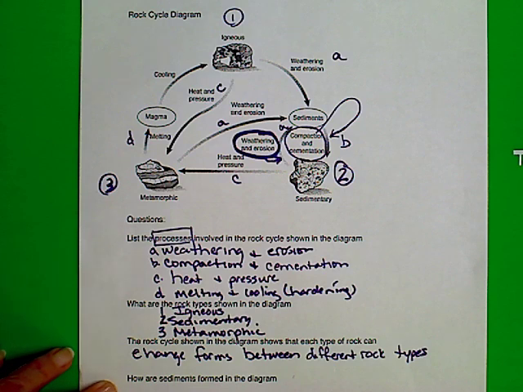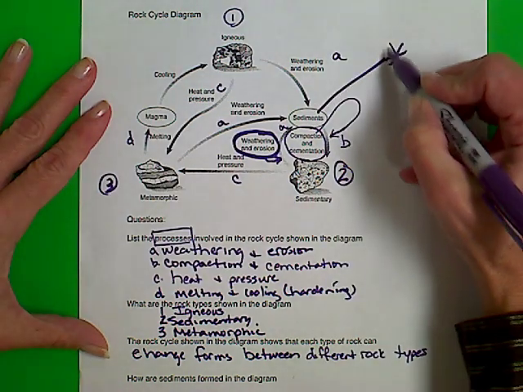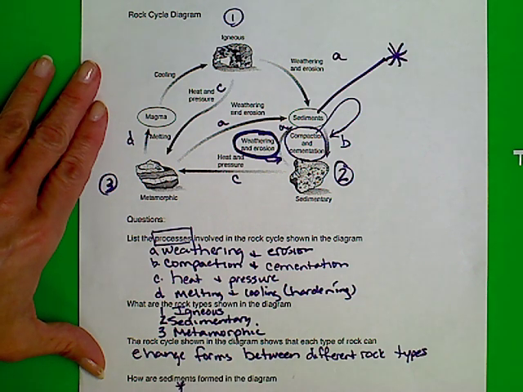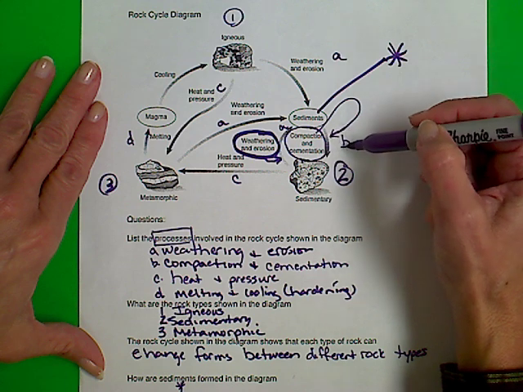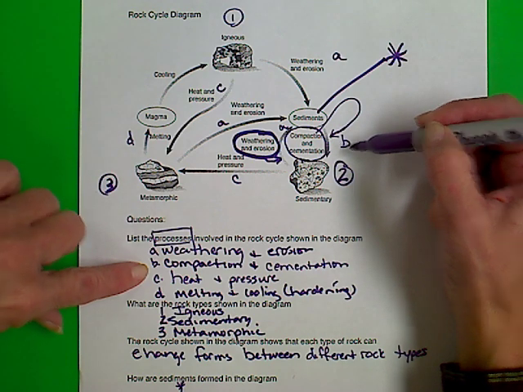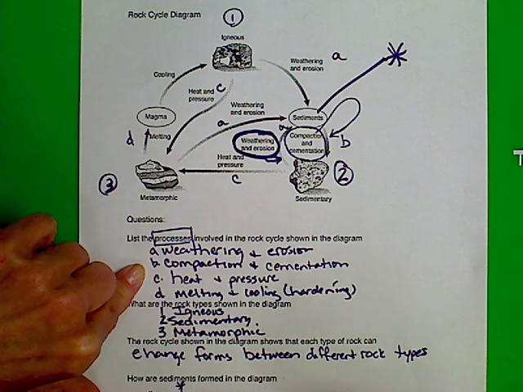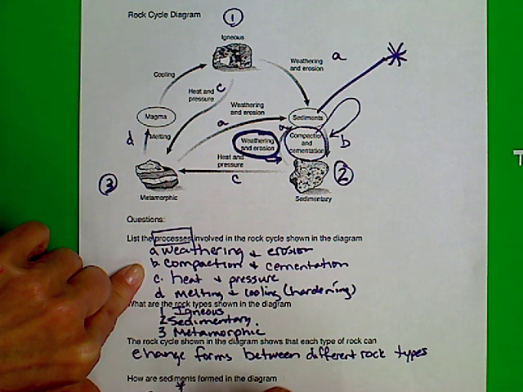How are sediments formed in this diagram? So let's first find sediments. They're right here. Looking at our sediments right there, how are they formed? Well, let's follow our arrow down. It goes along with B, and we said that that process is compaction. Actually, it is not that.